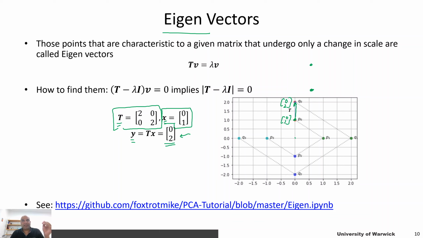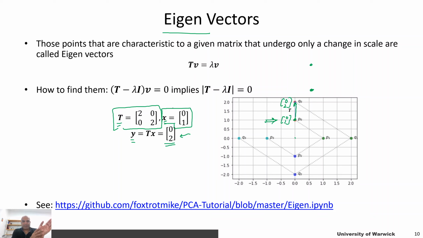If that is the case, then this vector that we have will be called a characteristic vector of this matrix, or an eigenvector in German. That's where the word comes from. There's a fun way of remembering it. You can think of these as, I don't want to use the word nasty, but these are stubborn points that do not undergo a change in direction when they are multiplied by a particular matrix.